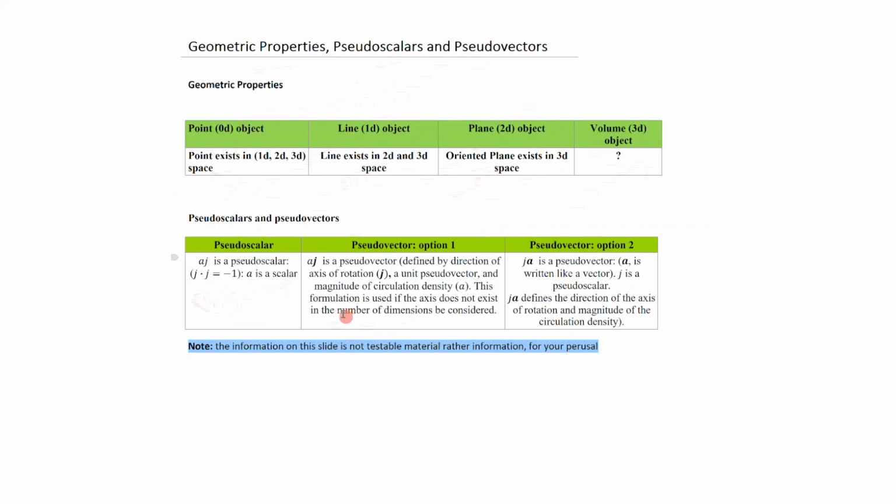This is a formulation that's used if the axis does not exist in the number of dimensions being considered. Another option is to write J times A. J is a pseudoscalar, but A is a natural vector. J defines the direction of the axis of rotation and the magnitude of the circulation density.